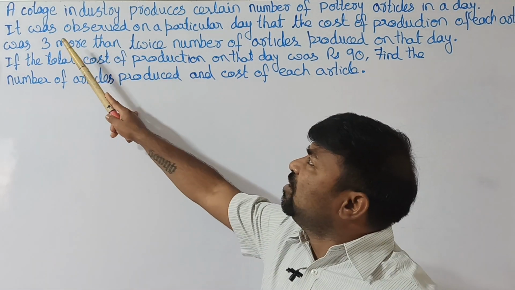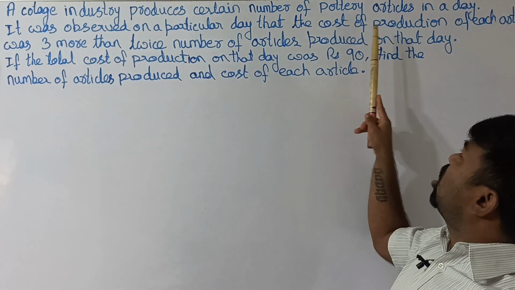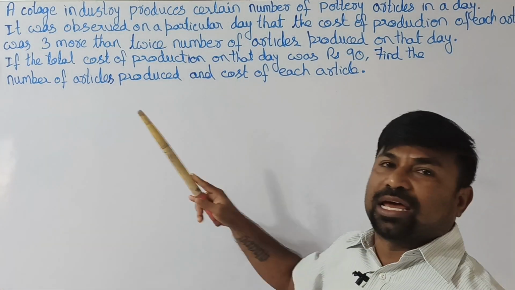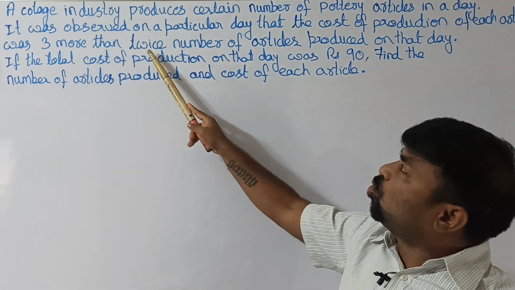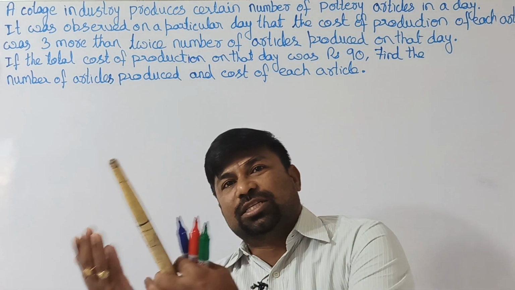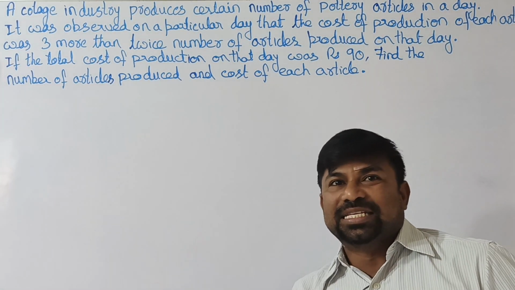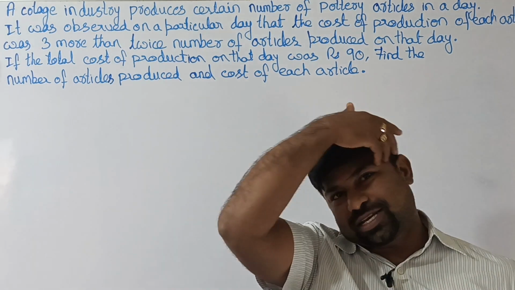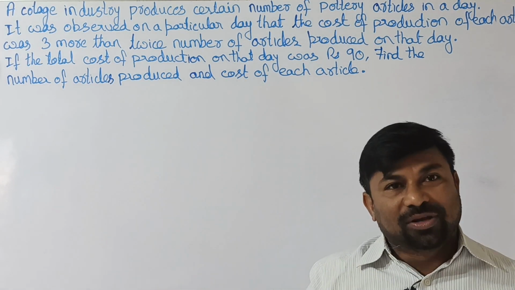So what he says is that the cost of production of each article was 3 more than twice the number of articles produced. He is relating the cost of production to the number of articles, comparing them: 3 more, twice, something like that. We'll get back to that.